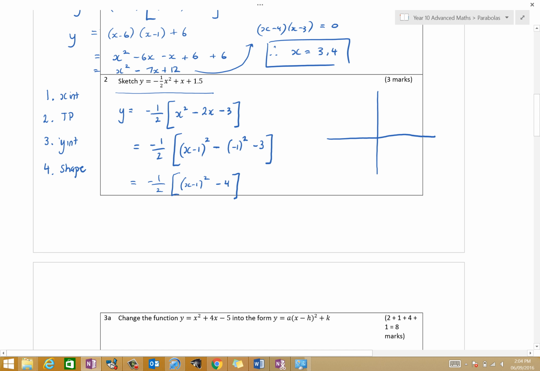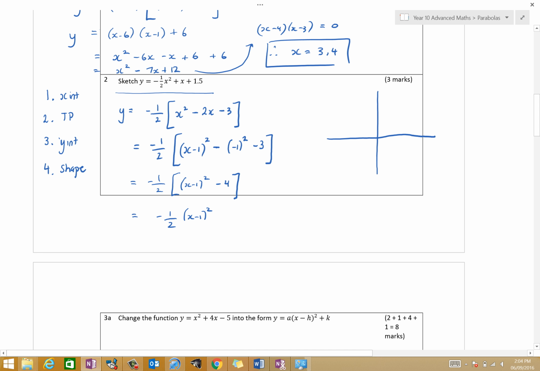Now, this is not in turning point form yet, because we need to multiply that negative a half by everything. So now, negative a half, x minus 1 all squared, and then we're multiplying negative a half by negative 4.